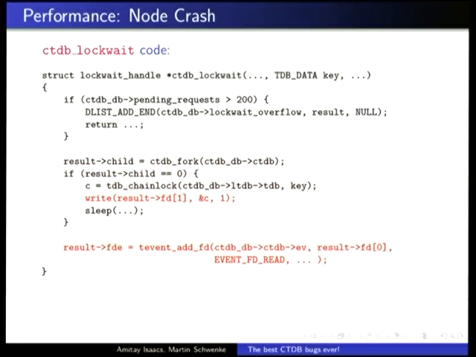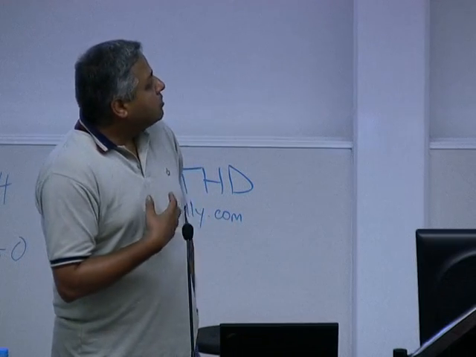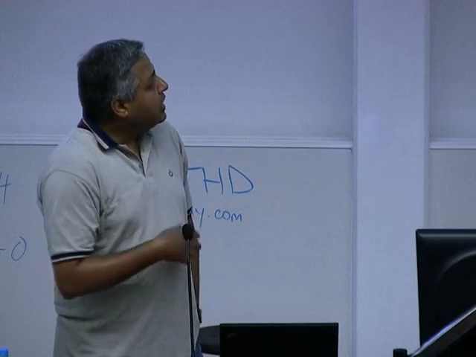Once the chain lock returns, we write the result to the parent process on a pipe between the child and the parent, indicating that we got a lock. In the parent process, we have registered this pipe with tevent, so if we have any data on this pipe, it calls the function which will handle it and actually do something.